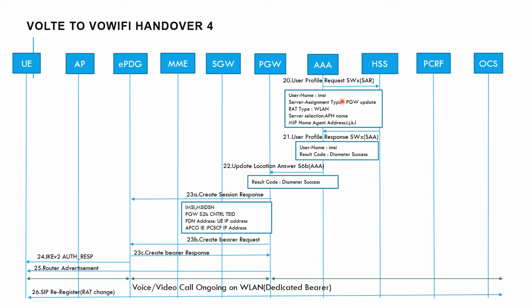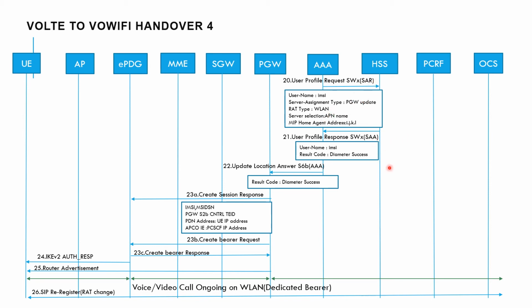We say P gateway update because the P gateway address needs to be updated to the HSS. The RAT type is WLAN, then service selection, which consists of the APN name, then the MIP home agent address, which consists of the P gateway IP address, which is sent to the HSS.